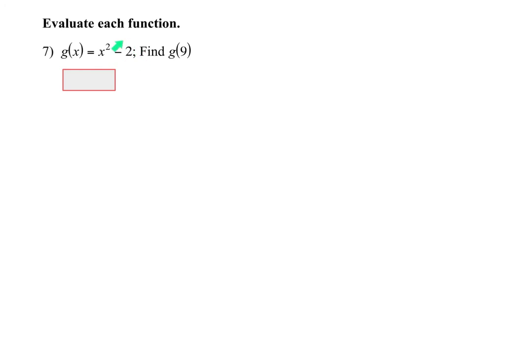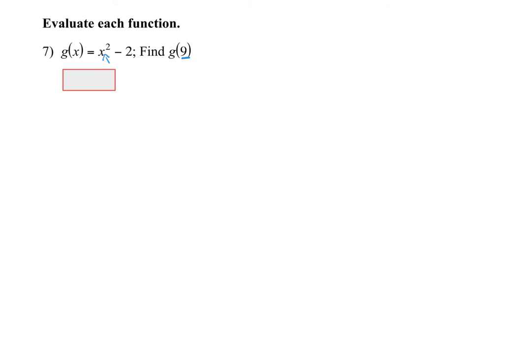This is your rule. What do I want you to do with my input variable to get the output? I want you to square it and subtract 2. This guy tells you what you're inputting. You are inputting a 9, and you are giving them the output. This is the domain. They're asking for the range of this domain. So you literally just take this number and you plug it in for this variable.